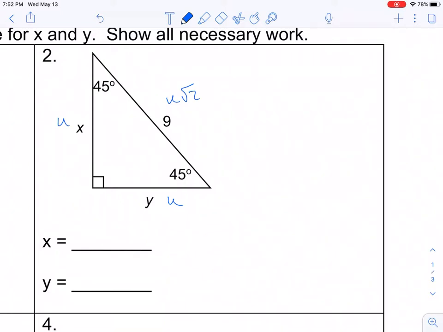So we're going to look at our information. Can't do anything with that. Can't do anything with that. I have enough information to work with here, so I'm going to set that equal to, sorry, not equal to 0, equal to 9. u square root 2 equals 9. So we're saying them equal to each other. And now I am solving for u. I need to get u by itself, which means I'm dividing both sides by rad 2.